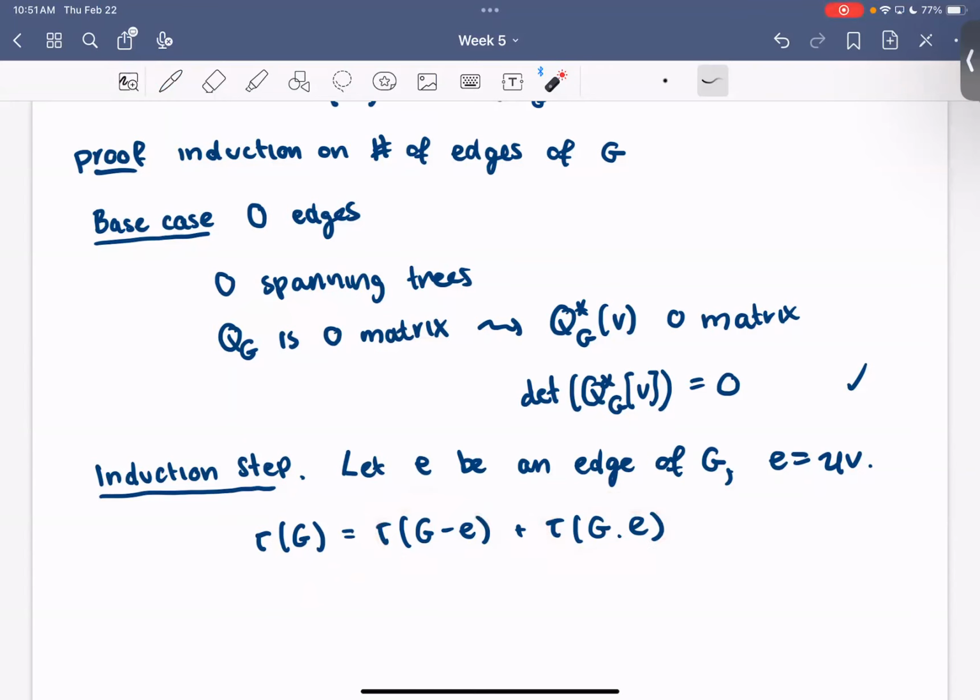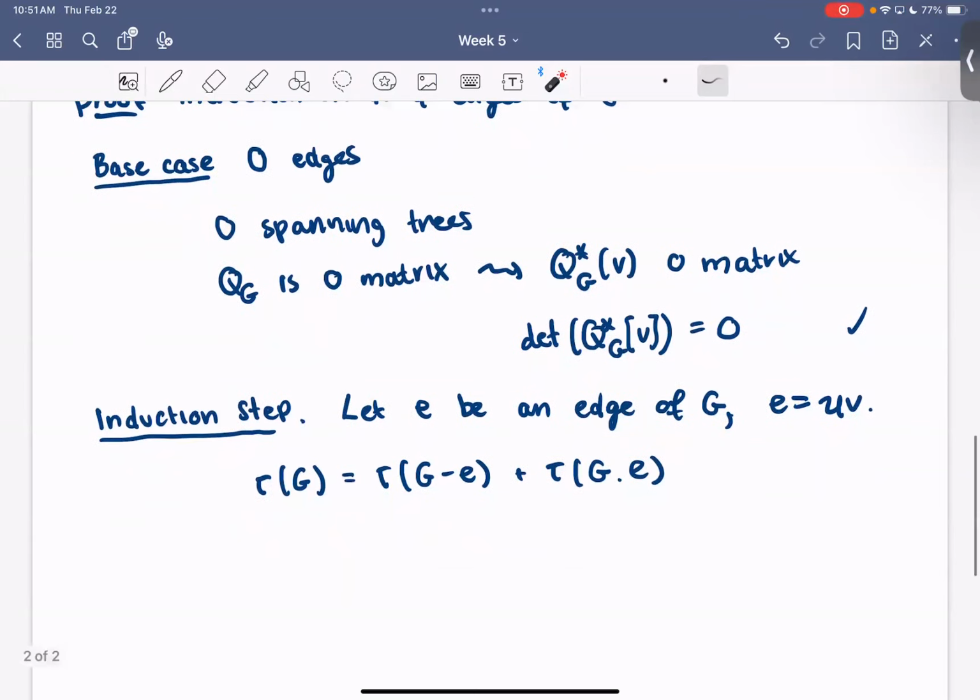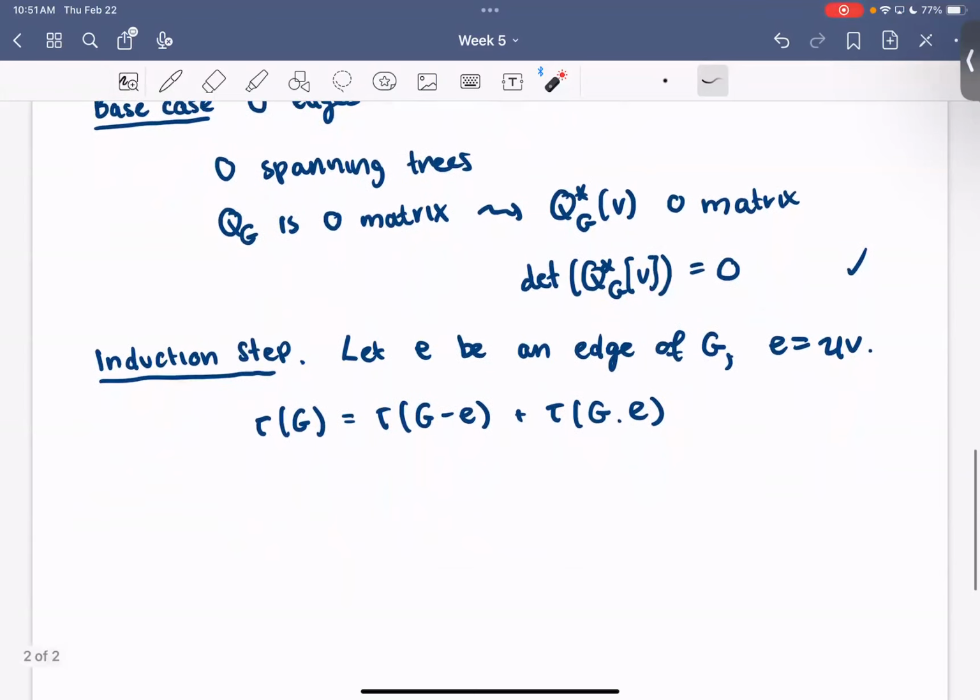And so all we really need to do is relate the determinant of this matrix to the determinant of the matrices corresponding to these computations. So that's the strategy. Okay. So I'm going to make a claim.